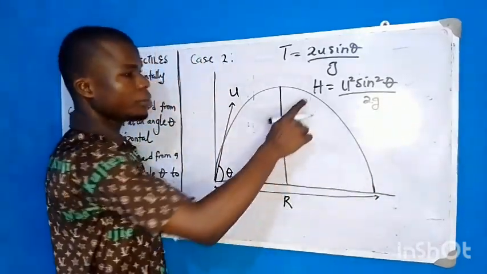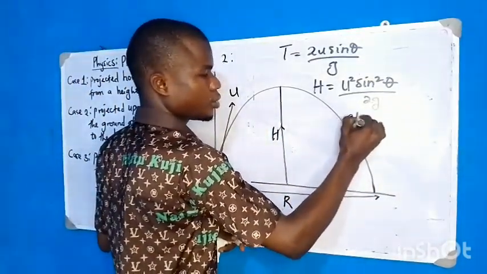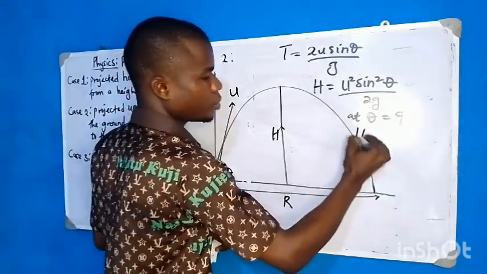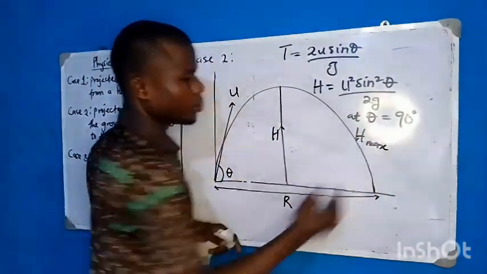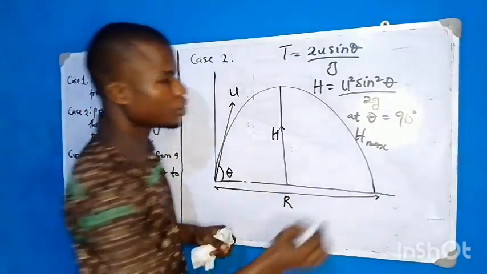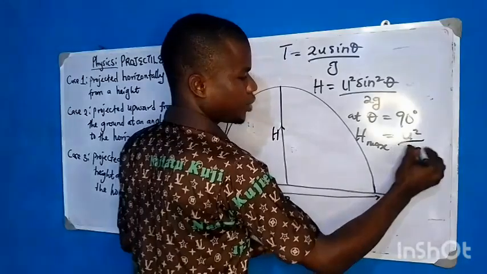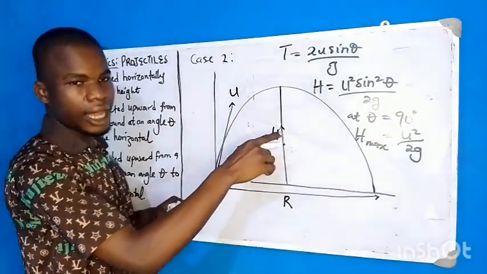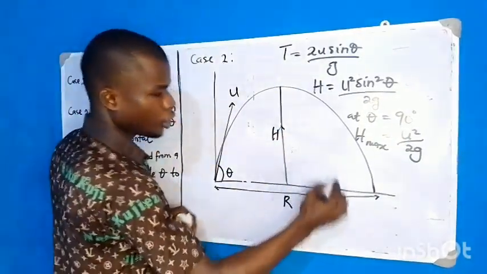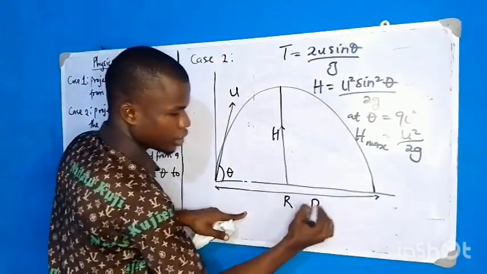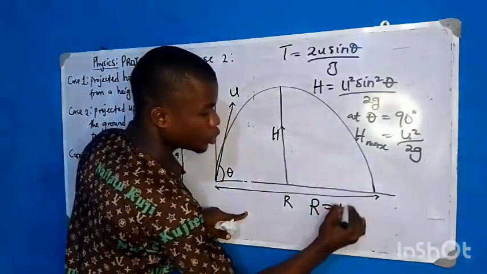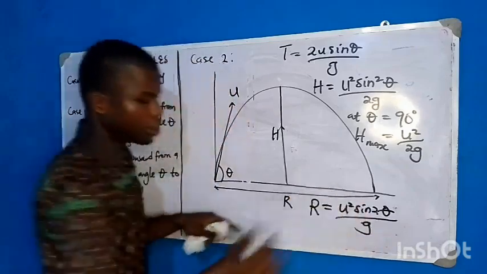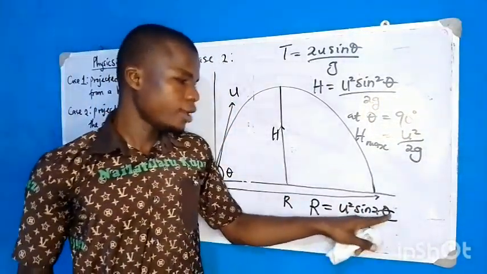Now for the maximum height, when the angle theta is equal to 90 degrees, our h becomes maximum. Our h is maximum at 90 degrees, so h max becomes u squared all over 2g. That's the only angle at which we get the height as maximum. Now for the range, the range r is equal to u squared sine 2 theta all over g. Here you multiply your theta by 2.